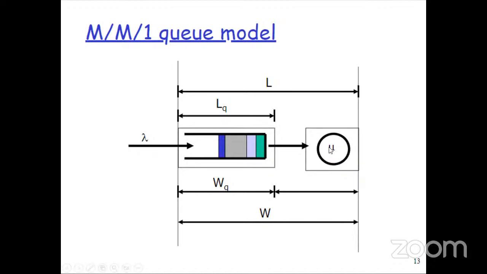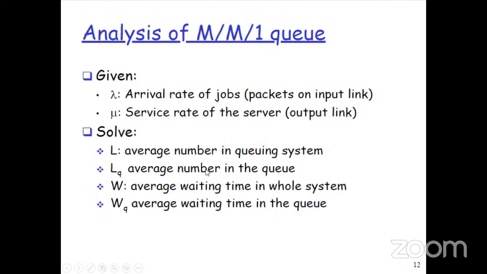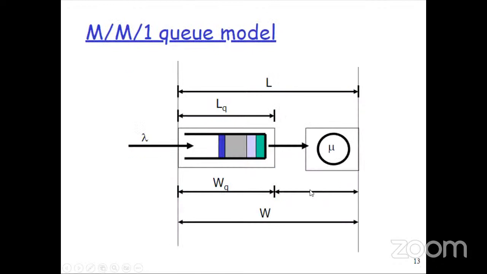You can see mu is actually the rate which is given, the service rate, and lambda stands for arrival rate. L stands for what? Average number in the queue system, and LQ average number in the queue. The difference: L is total system average number, and LQ is only in this queue, how many are there, the average number of people.